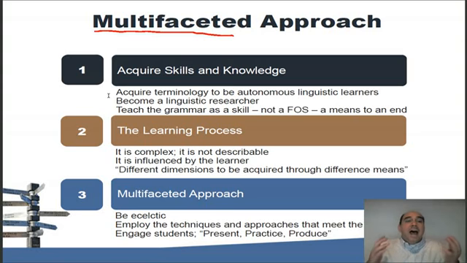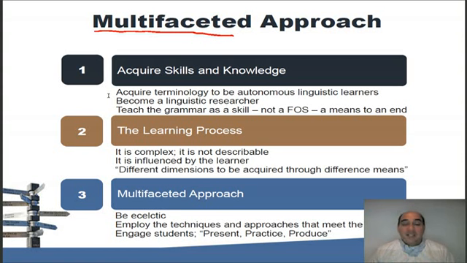I'm going to learn how to learn the rules. I'm going to learn how to figure out what something means, so that I can be an autonomous learner. Learning grammar is not the end. It is a means to an end. And we as language teachers want to be able to do that. We want to impart to our students the ways to learn language so they don't need us anymore. They can be independent learners.